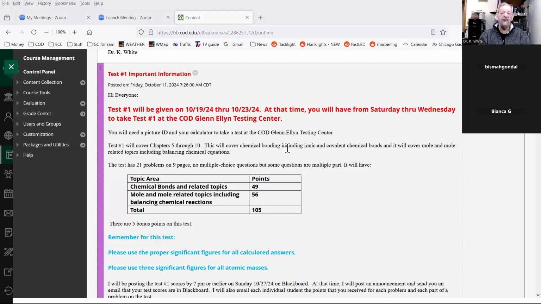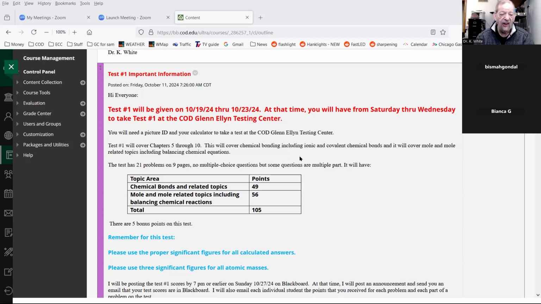When you go there, you'll need a picture ID and a calculator. They'll give you one if you don't have one, but you should bring your own because you know how to use it. Also, bring a writing implement, even though they have pens and pencils there. I'd highly recommend a pencil and a good eraser.